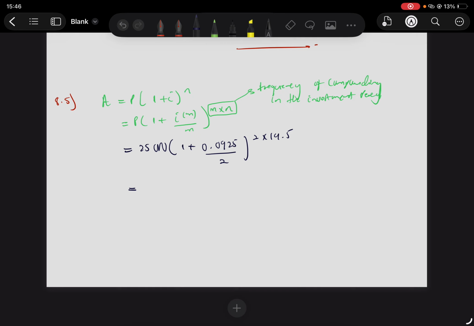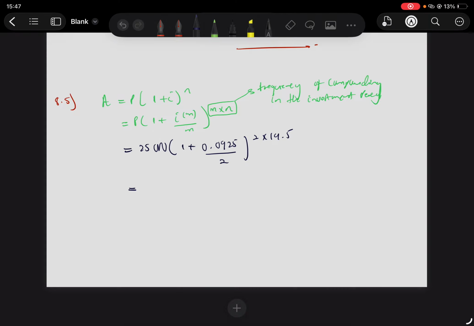Punching it in on my side, 19.5 times 2 is 39, to the power, times 25,000.